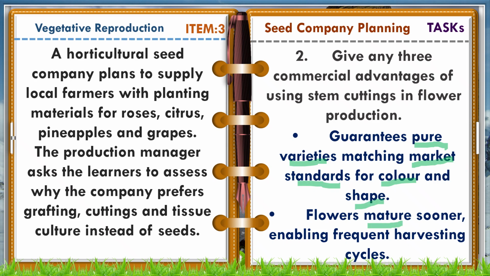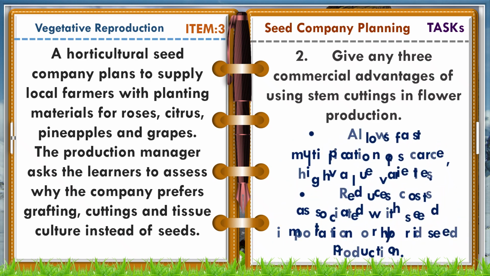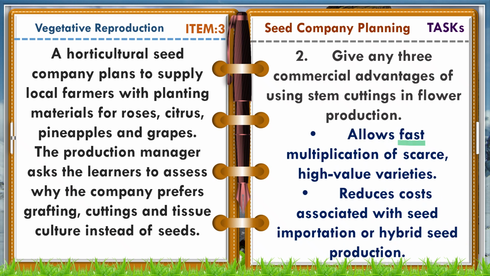The flowers mature sooner, enabling frequent harvesting cycles. It allows fast multiplication of scarce high-value varieties. It reduces costs associated with seed importation or hybrid seed production.